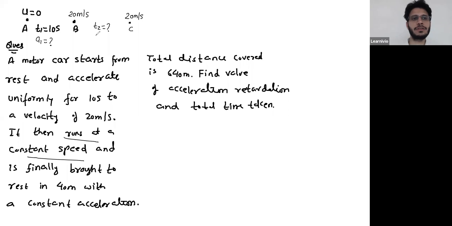Time is not given. Can you guess the acceleration now? 0. Acceleration is 0. And then finally it stops at D. So at D, its velocity is 0 meter per second.